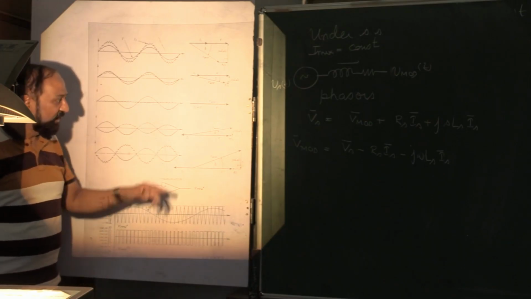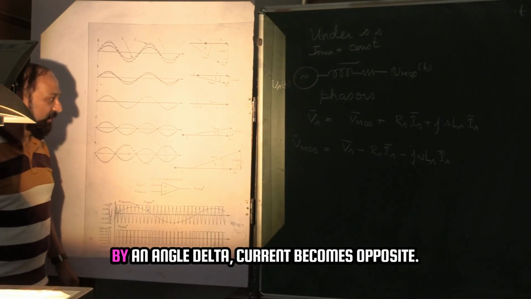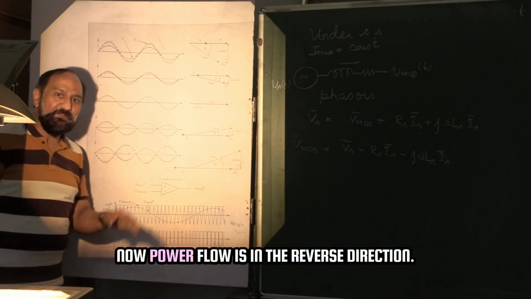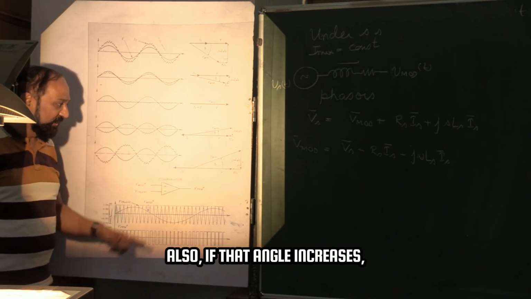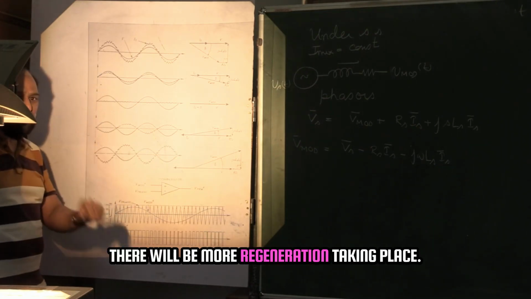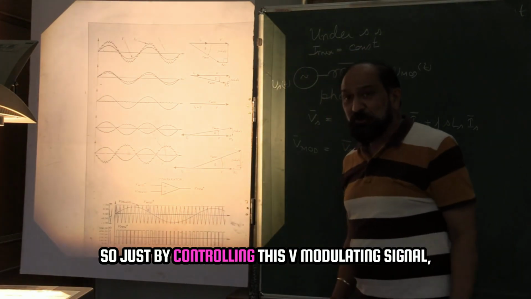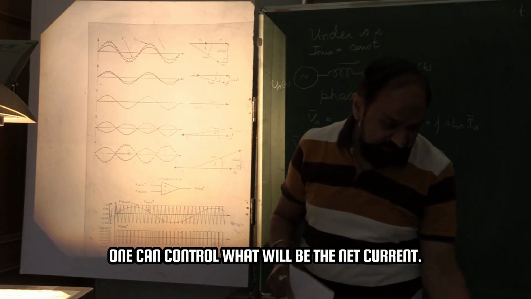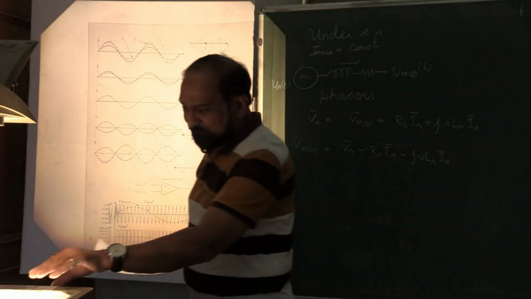If the modulating signal exceeds this particular voltage by an angle delta, current becomes opposite. Now power flow is in the reverse direction. That is clear from here also. If that angle increases, there will be more regeneration taking place. So just by controlling this V modulating signal, one can control what will be the net current.